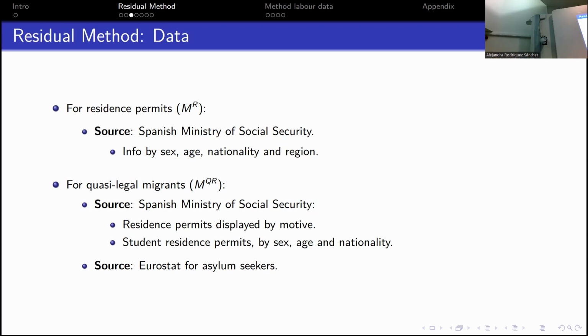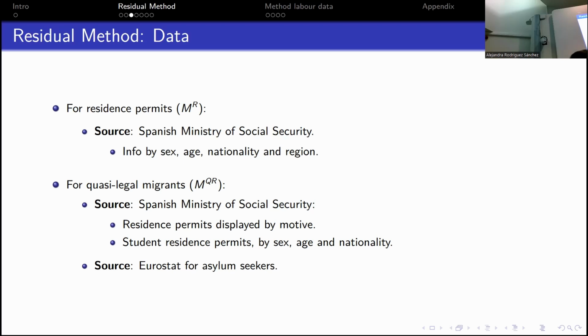So let's say there are 100 migrants that have a temporary residence permit. In my estimation, I will say that 20% of them will in the future have the resident permit expired, but it is going to be renewed. Okay.